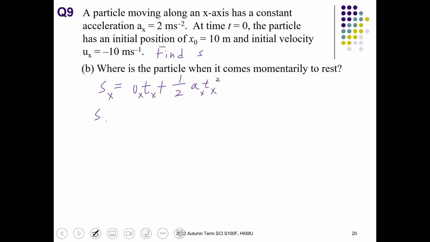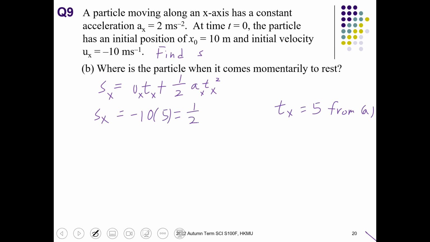The displacement is unknown. For u, simply this is minus 10. What is time t? Time t is simply what we have from part A, t equals 5. This is from A. Now we just put down t equals 5.